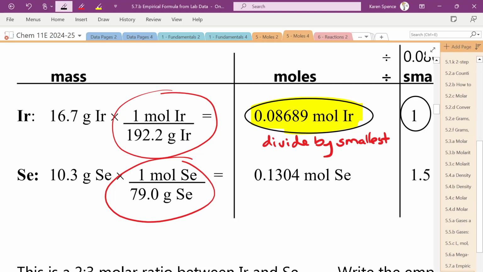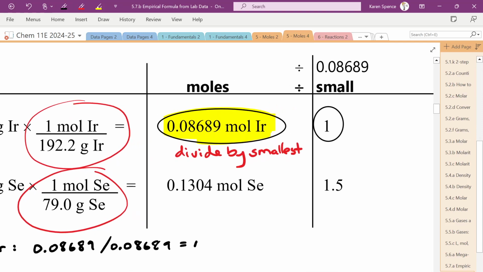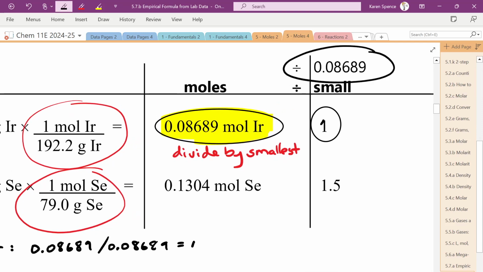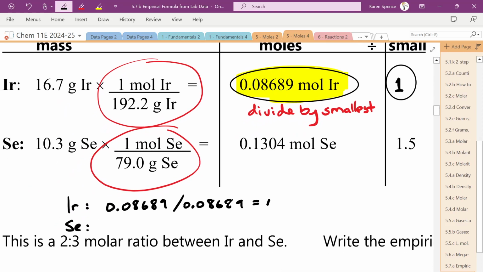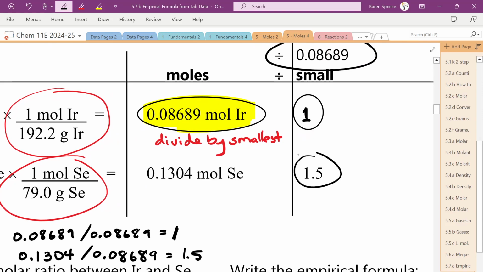You could say down here, I could be like iridium 0.08689 divided by 0.08689 is equal to 1. Or you can do it up here is equal to 1. And you could say selenium 0.1304 divided by 0.08689 is equal to 1.5. Or you can just have it up here and have your answer there.